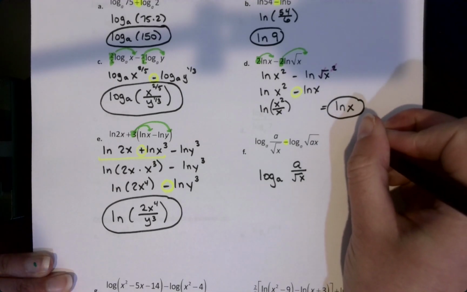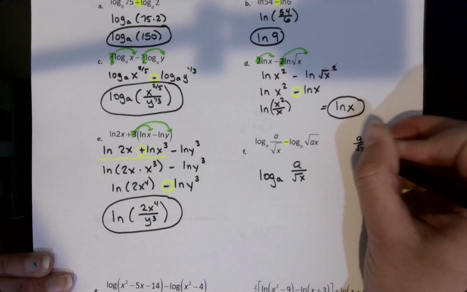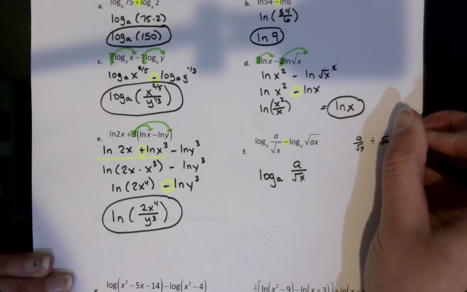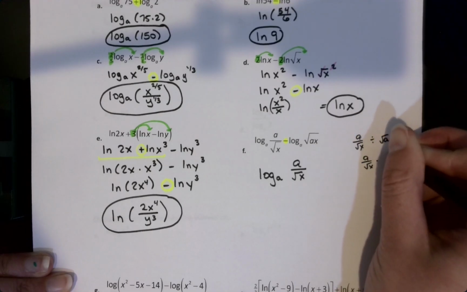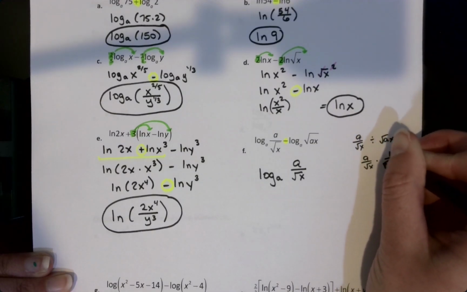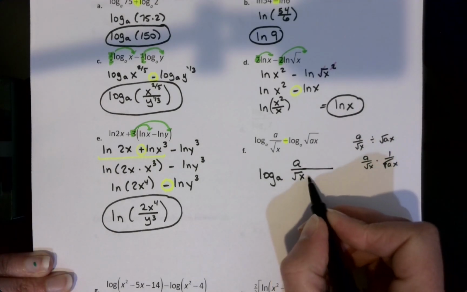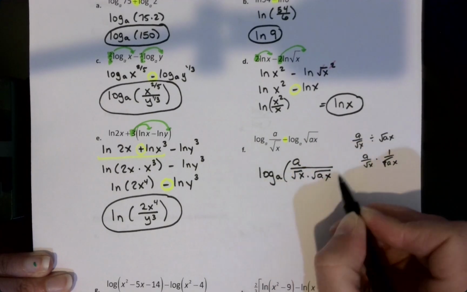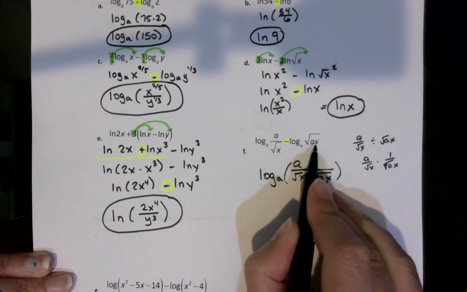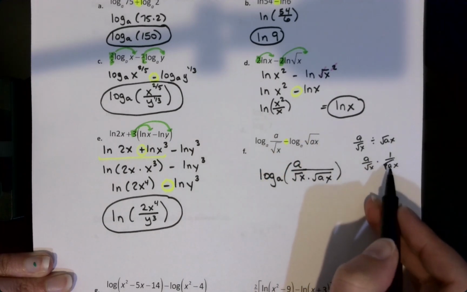I know that when I divide a fraction by something, that is the same thing as multiplying by its reciprocal. So when I multiply, that's going to give me square root of x on the bottom times square root of ax. So when I have to divide a fraction by an expression, same thing as multiplying by its reciprocal.